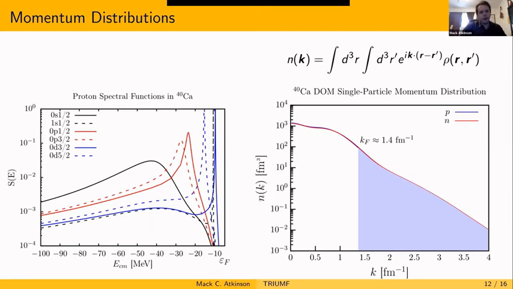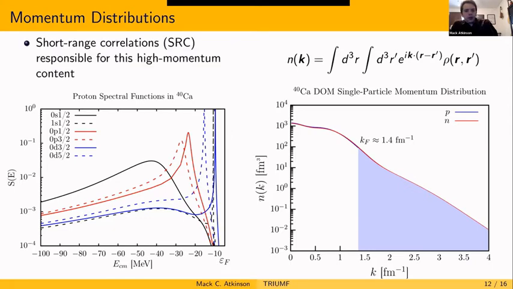But in fact, we have a distribution in strength. And so it's actually out here at these large negative energies, from minus 60 down to minus 100, that a lot of the correlations are manifested. And it's that strength that directly corresponds to this high momentum content we're seeing in this momentum distribution.